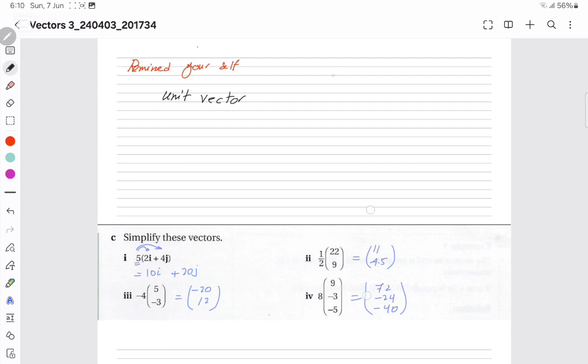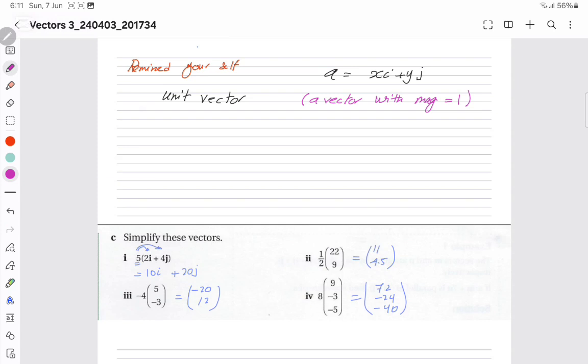For example, if you have vector a equal to xi plus yj, to find a unit vector, what's the meaning of unit vector? A unit vector is a vector with a magnitude equal to 1. How to find the unit vector?